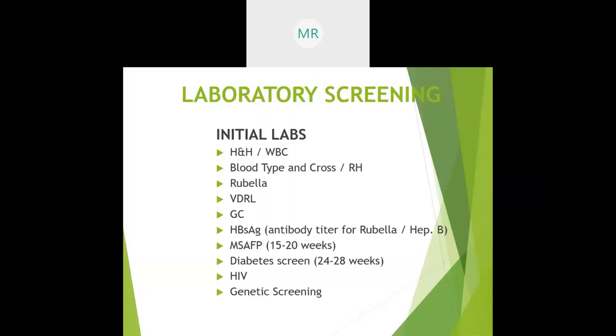Then the blood is drawn in an hour. It should be less than 140. If the glucose level is more than 140, then we're going to go ahead and do a 3-hour glucose tolerance test.